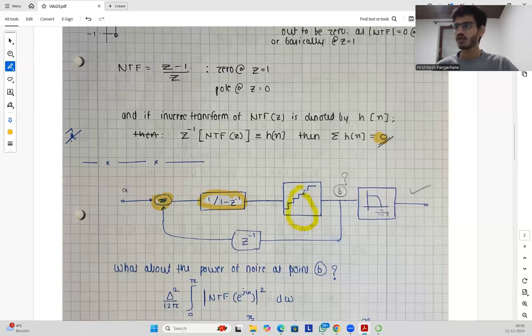Then we have a quantizer, and after the quantizer we have noise which is in band. When we use a decimation filter to smooth out, or basically do low pass filtering, we get a very high resolution signal.